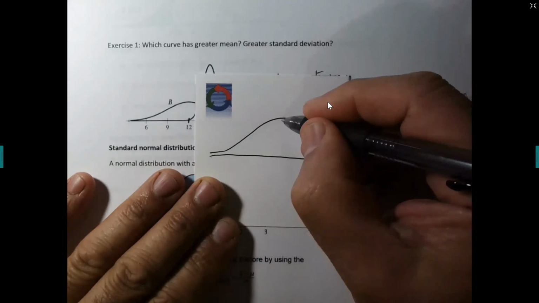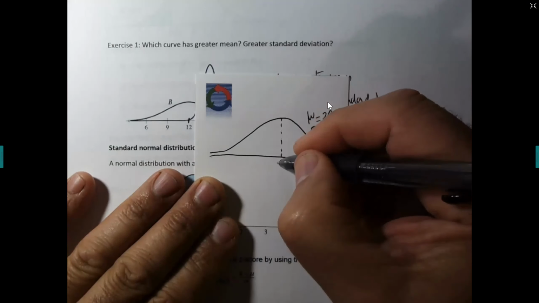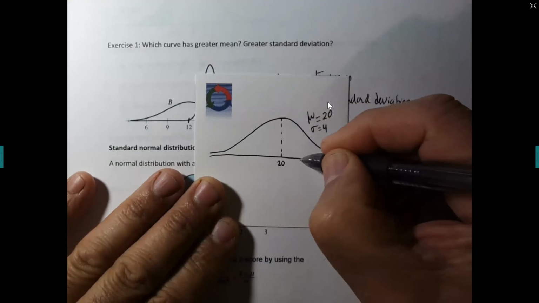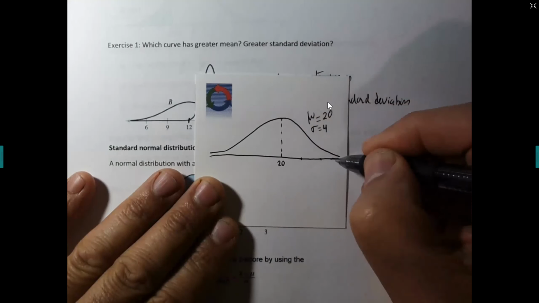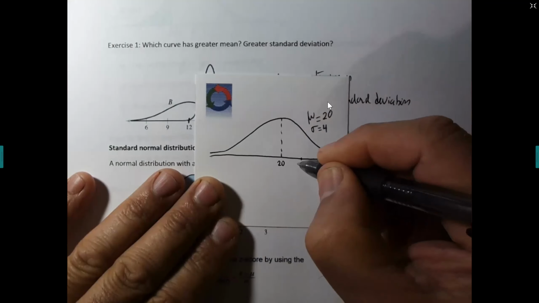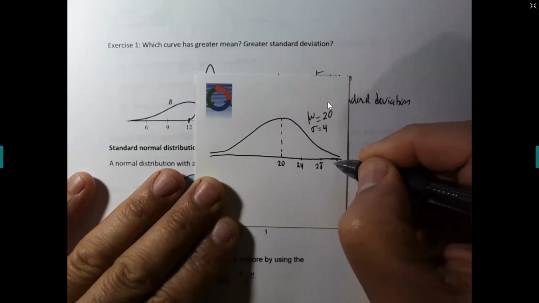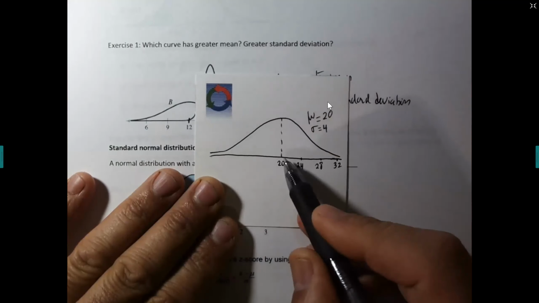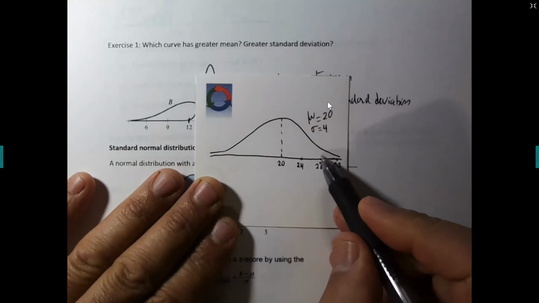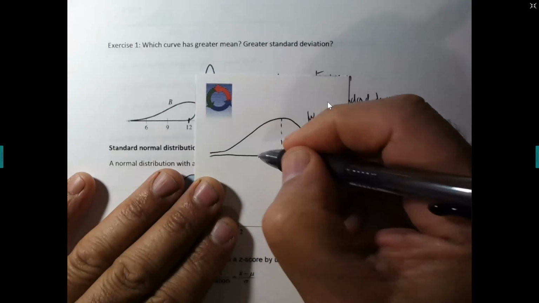So I should have here in the center 20. Let's split it up: 24, 28, 32. You guys agree? Plus 4, plus 4, plus 4, and then minus 4.